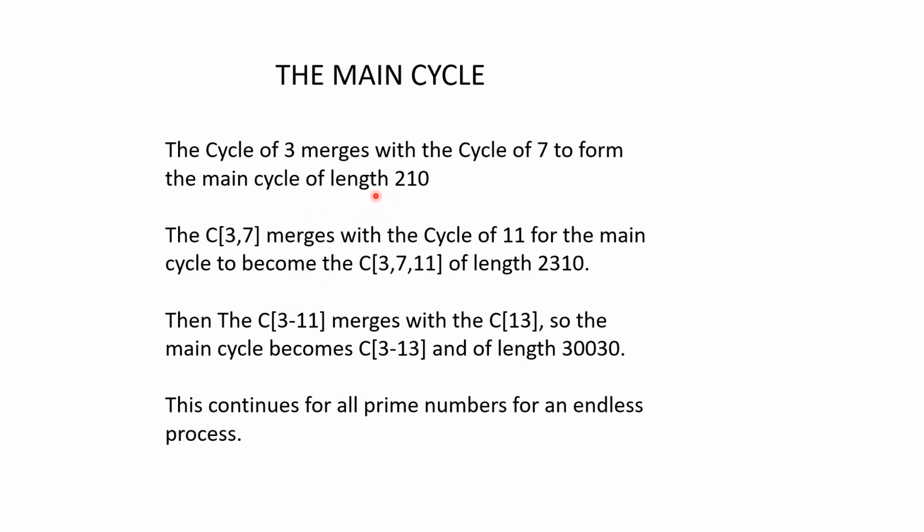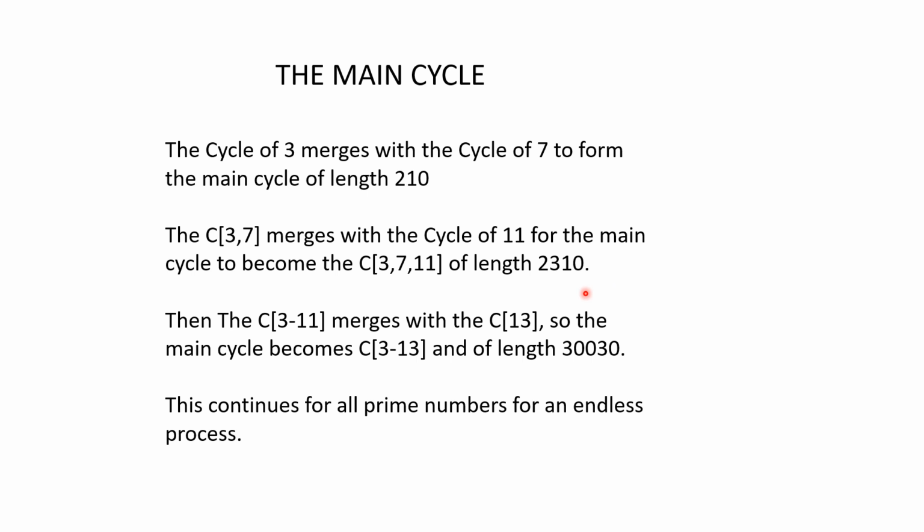And then the cycle of 3 and 7 merges with the cycle of 11. So the main cycle becomes this, the cycle from 3 through 11, with a length of 2310.